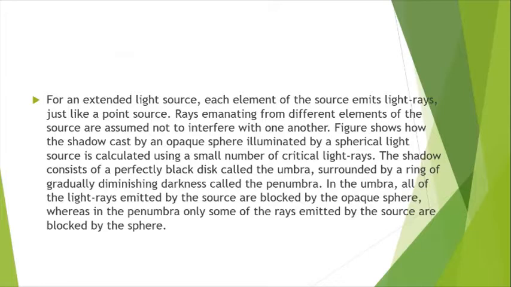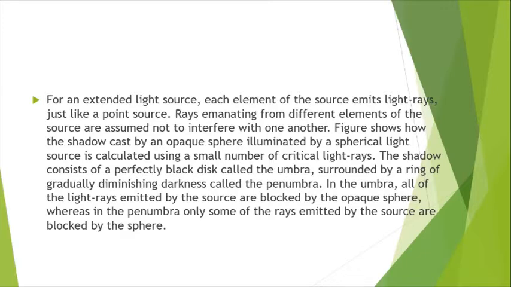For example, for a continuation of the discussion, for an extended light source, each element of the source emits light rays just like a point source. These rays emanating from different elements of the source are assumed not to interfere with one another.